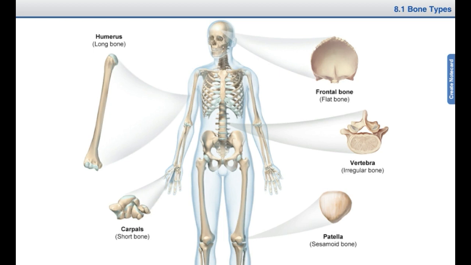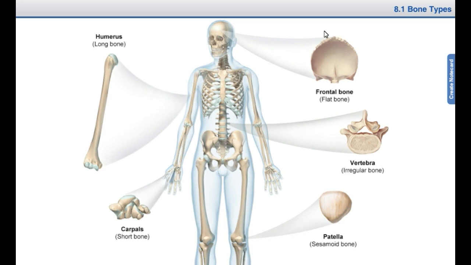It's very easy. We have 5 types of bones in the skeleton: long bone, flat bone, irregular bone, sesamoid bone, and short bone. Basically, the bone shape is related to its function. For example, flat bones.